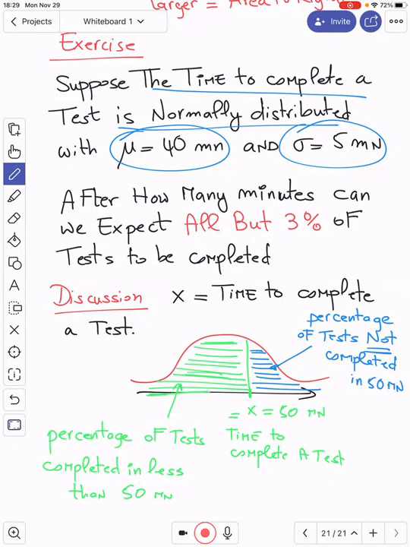So you probably need more than 50 minutes to complete your test.